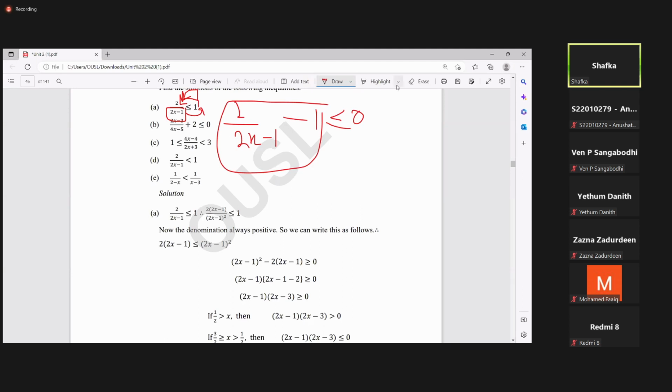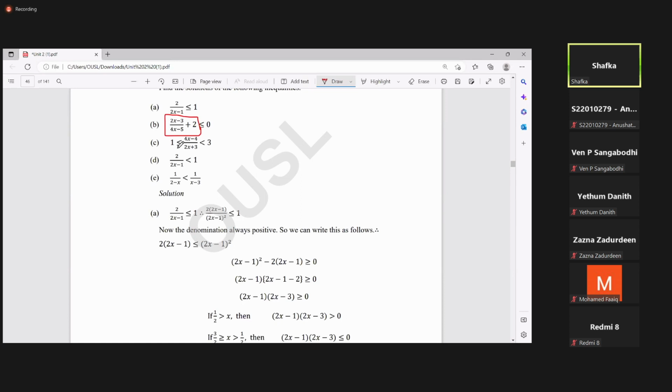For the second example also, you have to simplify this. Simplify the left hand side and make it a simple inequality.